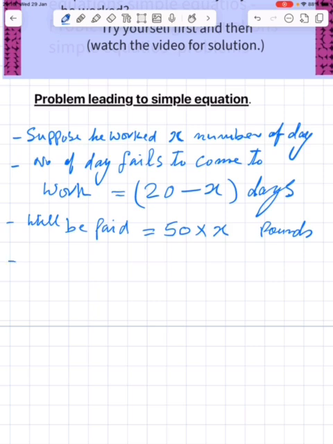And the next bit is he will be fined £25 times (20 minus X) pounds.